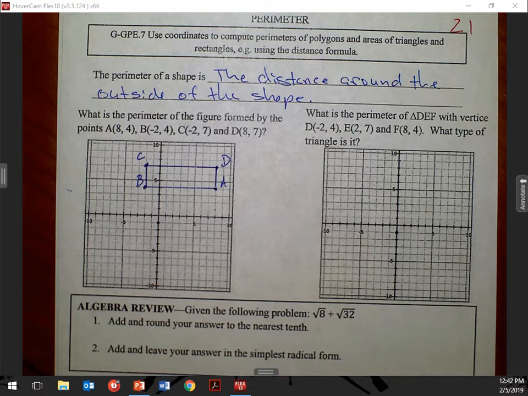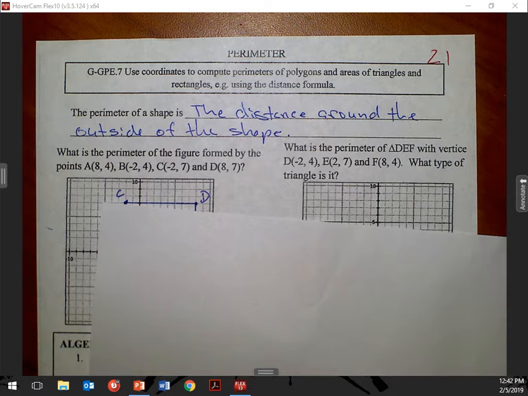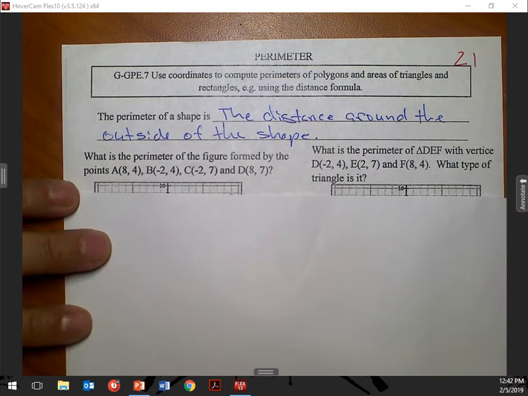Okay, I'll just use this one. All right, so you guys, in your interactive notebook, you could use the page underneath for this one right here. I'm going to show you a way of doing this, and we have to find the measurement of each side.